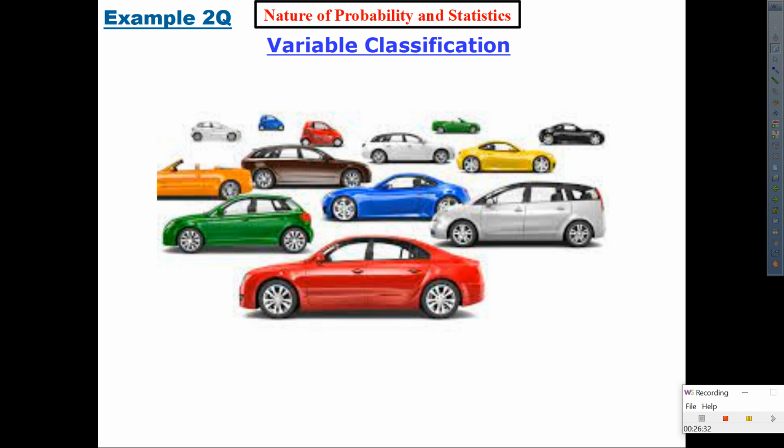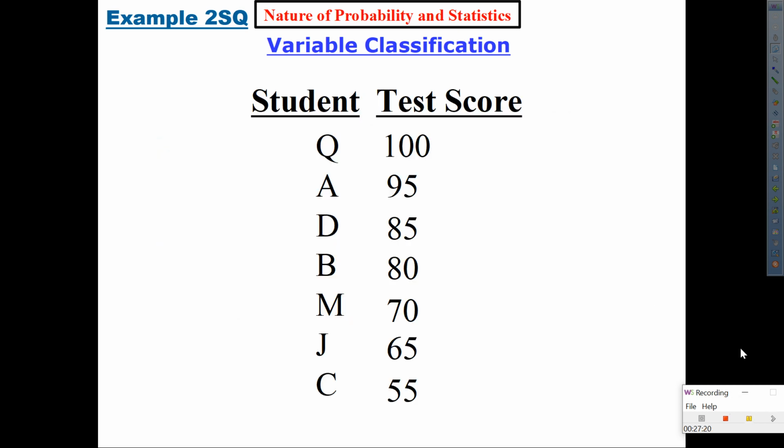Nominal. Hands if you agree with that? Yeah, because it has no particular order. All right. How about this one? Talk to your neighbor, let them know what kind this is.